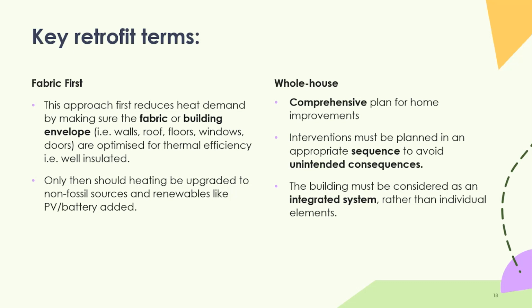And only then, once you've got that fabric to a reasonable level, do you look at upgrading and decarbonising the heating sources, for example, installing an air source heat pump, replacing that gas boiler, and adding solar PV or whatever it is that you want to do. Important to note, it is a principle, not dogma.